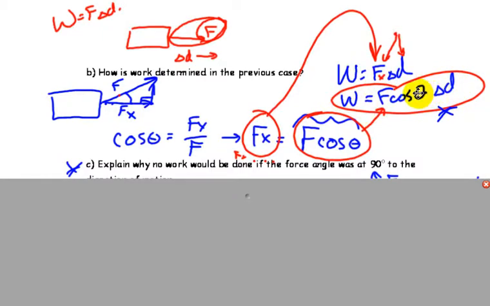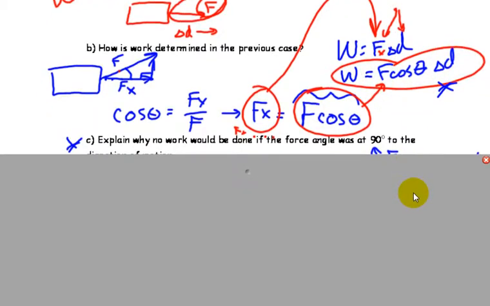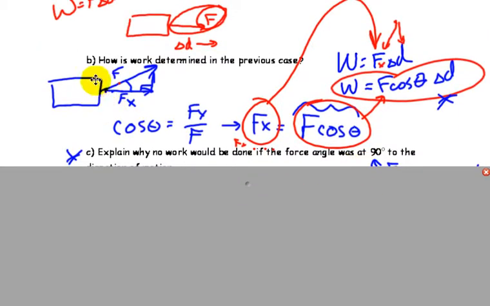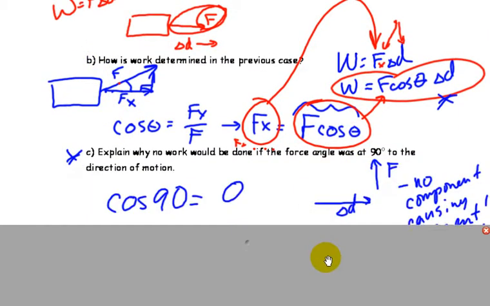And in fact, you can use this equation all the time, because if we were pulling it along Fx, theta would be 0, and the cos of 0 is 1, so it wouldn't change. So we could use this equation all the time if we wanted to. And this brings in the idea, how come when you have a force that's perpendicular to the direction of motion, the work is 0?